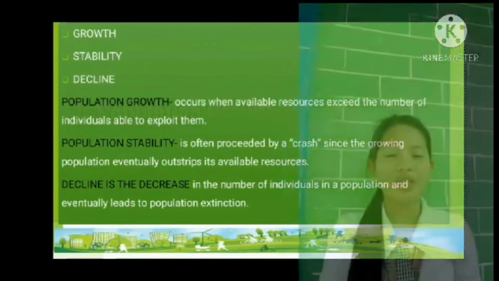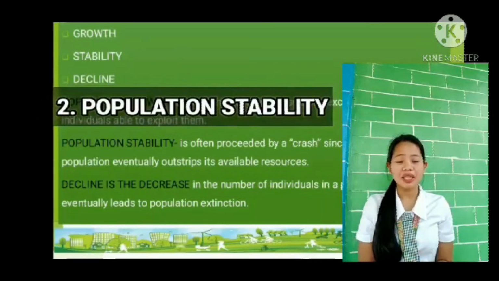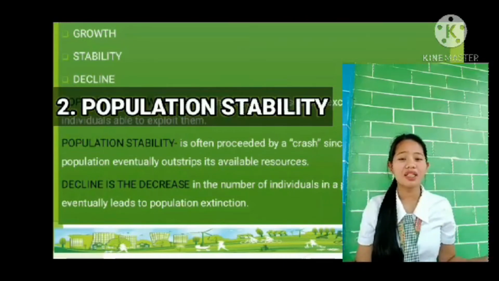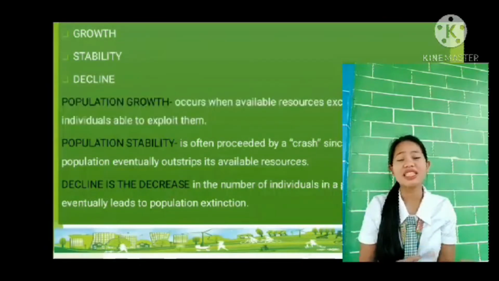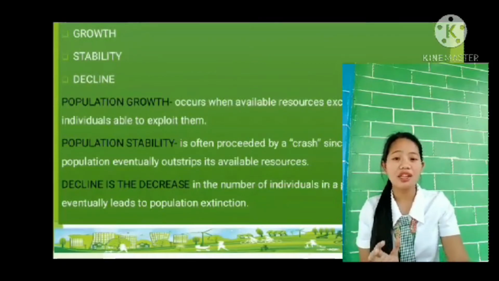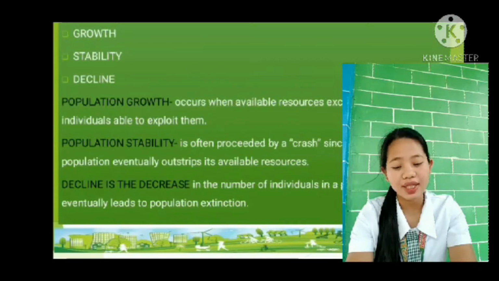Let's proceed to another phase of population, which is population stability. What do we mean by stability? The population is stable. Based on the PPT, stability is often preceded by a crash, since the growing population eventually outstrips its available resources.